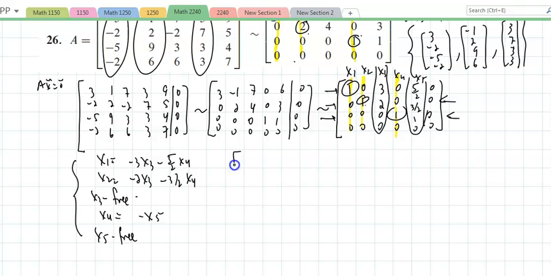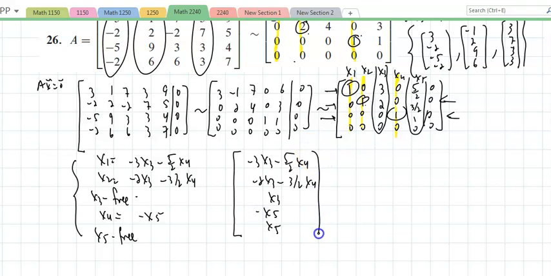So if I really write them out, you don't have to do this, but I'm gonna write them out step by step in case you were confused on the previous problem. You want to separate those. That's what they call parametric equations. You want to separate those into x3 times what? And x5 times what? And those are the two vectors that will form the basis for the null space.